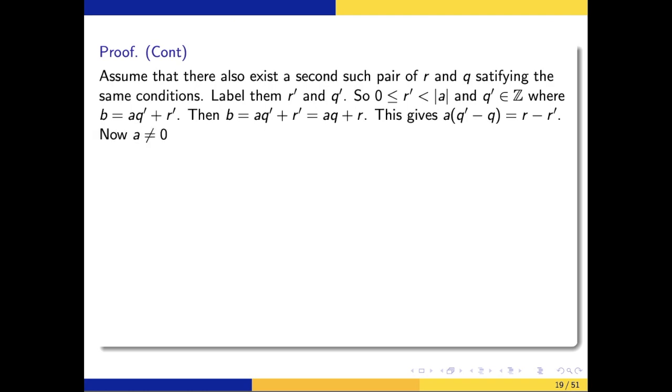Now a is non-zero and q prime minus q is an integer. This means that a divides r minus r prime. Also, r is non-negative and less than mod a, and negative r prime is non-positive and strictly greater than negative mod a.